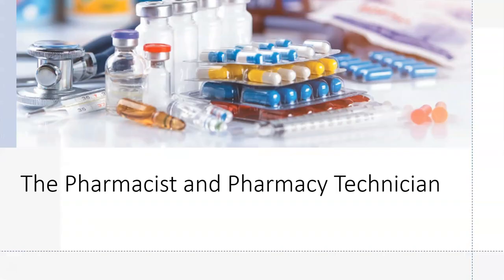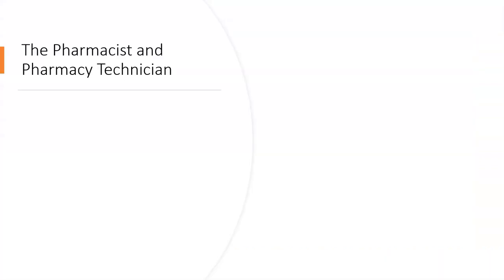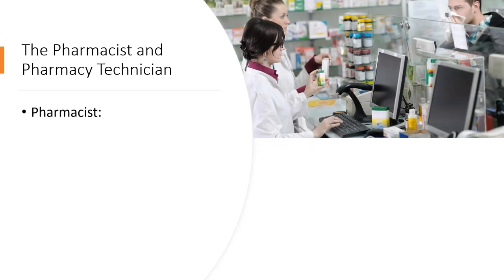When we're talking about pharmacology, we're understanding the pharmacist and the pharmacy technician and their roles in pharmacy. So the pharmacist is a healthcare professional who manages a pharmacy and dispenses medications. They work in all different types of pharmacies. They provide personal assistance to the customers.